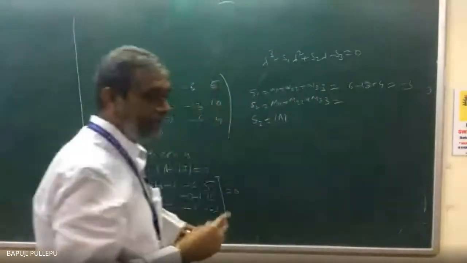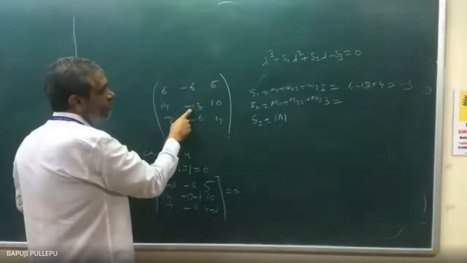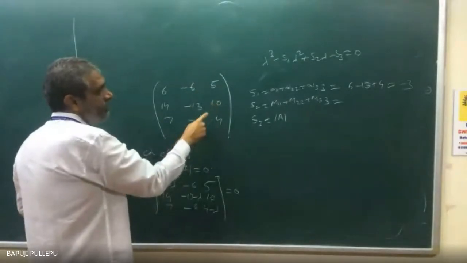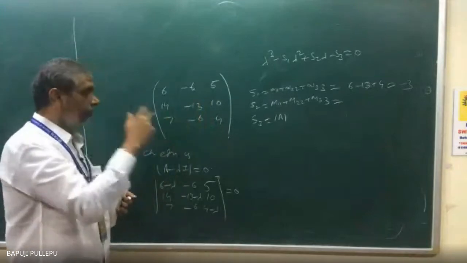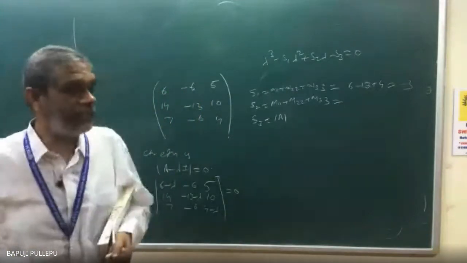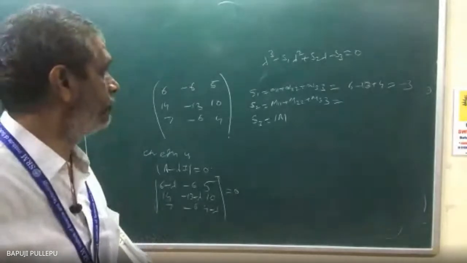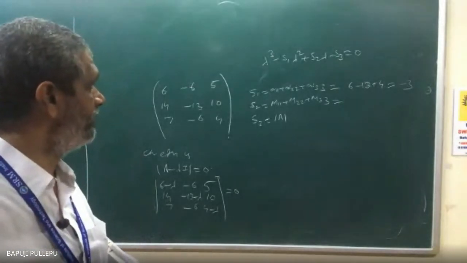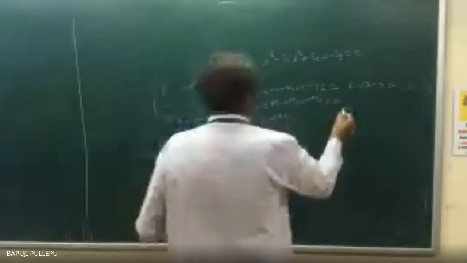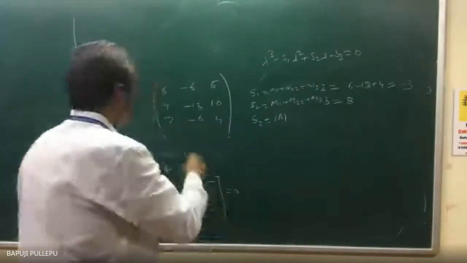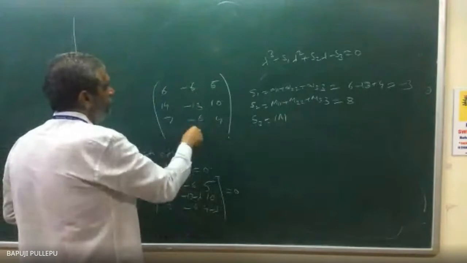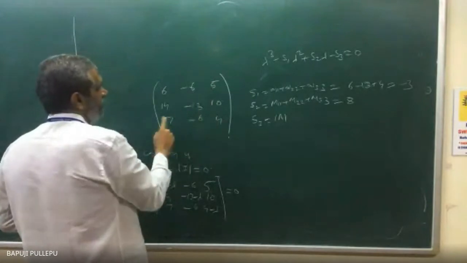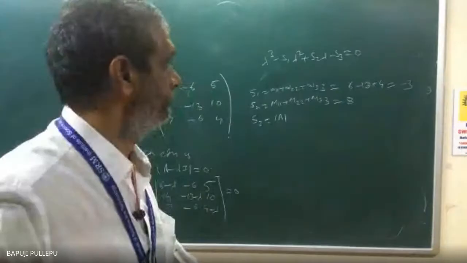Now the minors of the diagonal elements. The minor of 6 is: minus 13 into 4, with the minus in the formula, so minus, plus 16. 4 times 13 is 52, minus 52 plus 60, how much? Plus 8. Then the minor of minus 13: 6 times 4 minus 35, that is 24 minus 35, how much? Minus 11. Minus 11, sir.